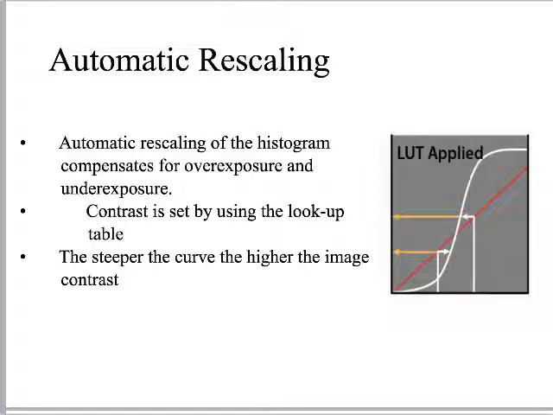So this is a threshold nonlinear curve, right? So dredge up your memories of radiation biology, because we're now using that exact same graphic to give us better contrast. So the steeper the curve, the higher the image contrast is the big takeaway with this.